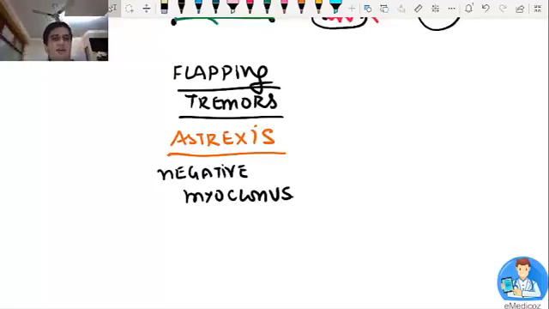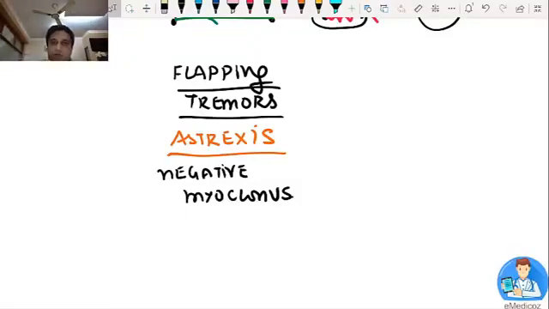Now why do I call it negative myoclonus? If you remember myoclonic jerks, I had a sudden jerk of the body, that was myoclonus. If you remember the first video that we saw in the epilepsy class, second class, there was an increase in the tone of my body. That was a positive increase. The tone increased, resulting in a jerk movement. For example, if I'm holding the hand like this, I'm trying to increase the tone of the muscle to hold it. If the tone decreases, what will happen? The hand will go down. Again, it will come back.